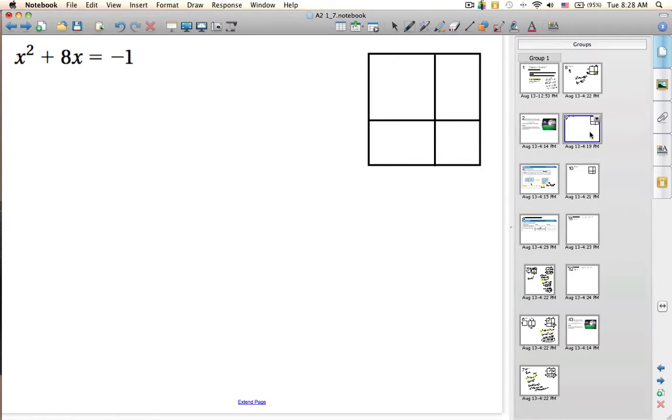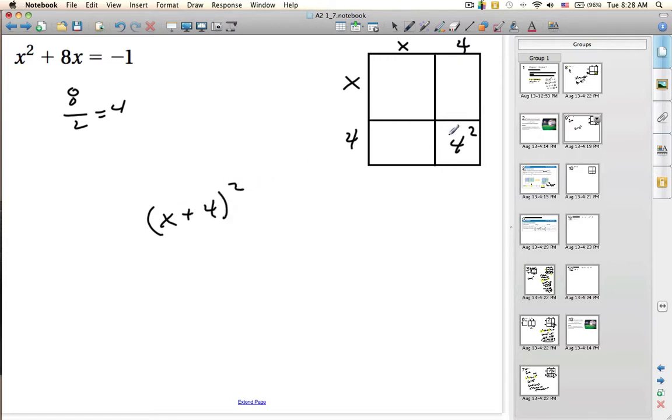Okay, let's put that in an equation and see how that works out. I'm going to take 8 and divide it by 2. That's equal to 4. So this is x, this is x, this is 4, and that is 4. And that means that this is 4 squared. Okay, so I'm going to have x plus 4 squared.